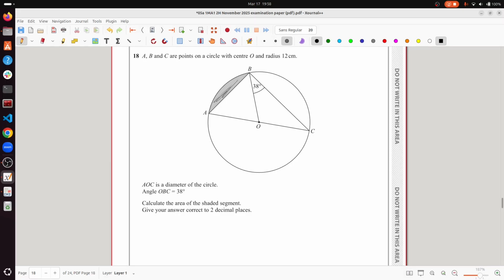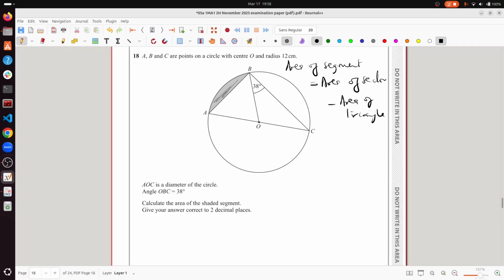The area of the segment is the area of the sector, then take away the area of the triangle.